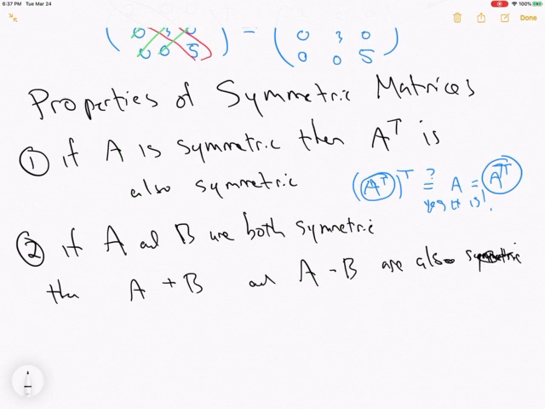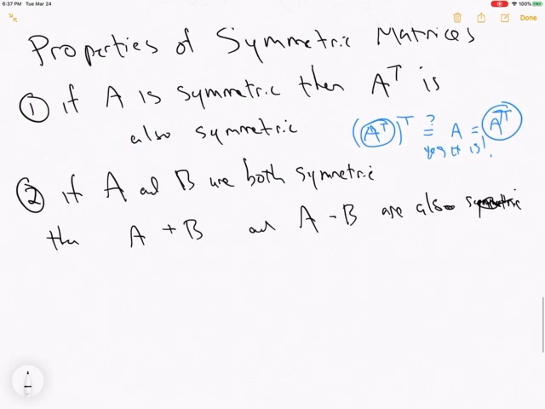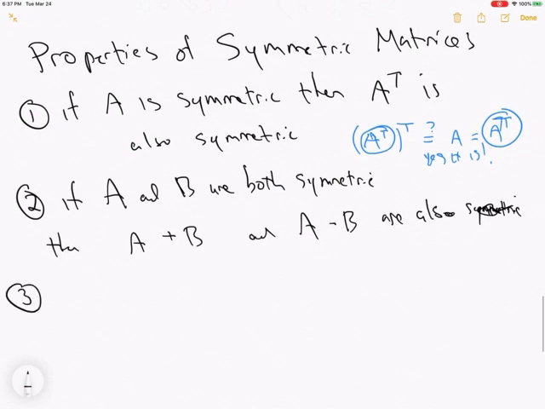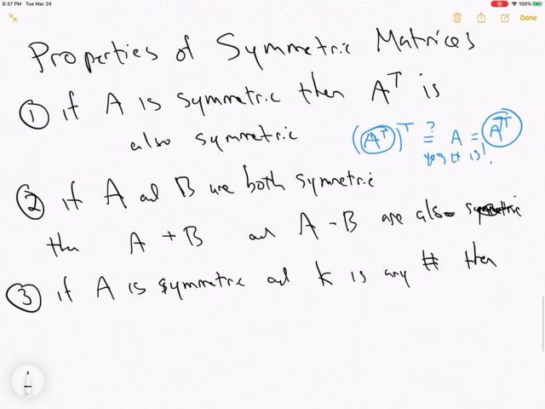You understand what I'm trying to write. And the third property is that if A is symmetric and k is any number, then you can scale the matrix A. kA is also symmetric.